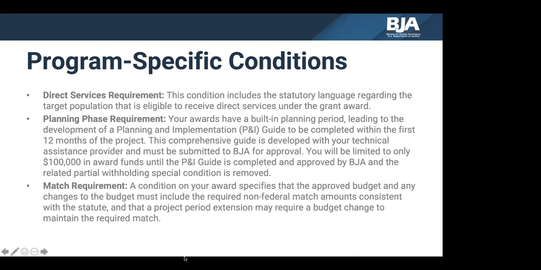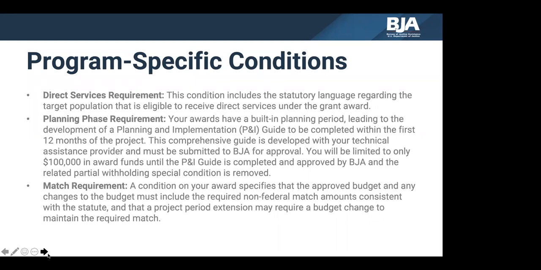The match requirement condition states that your approved budget must have the required level of non-federal match consistent with the cost share requirements in the statute, and that receiving a project period extension to your award may require a budget modification to maintain the required match level. We will discuss match in a later slide.